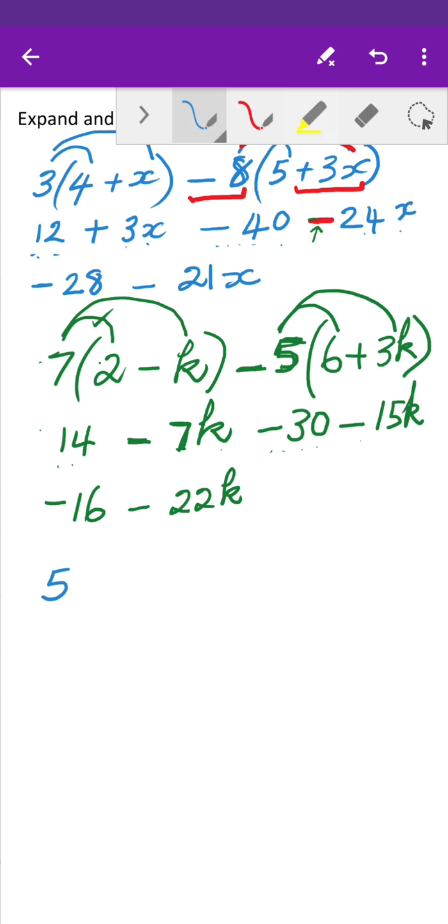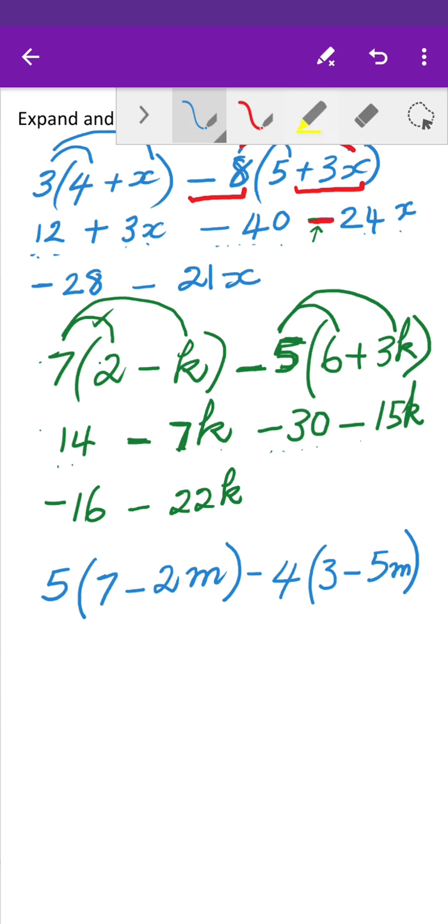Let's say 5 times 7 minus 2m minus 4 times 3 minus 5m. A lot of negatives here. Let's hope we can manage this correctly. If you want, you can pause it and work out your solution. Let's compare. Let's see how you went.